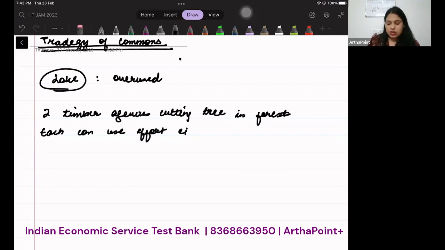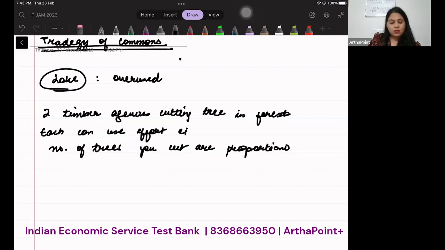The number of trees you cut is proportionate to the effort you put in.